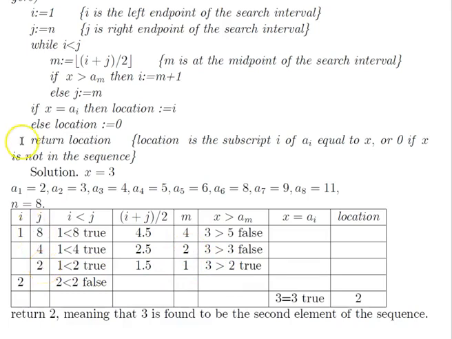The action of the while loop is done. We check the condition of the while loop again. i is 1, j is 2. Is i less than j true? 1 is less than 2. So the action of the while loop must be done one more time.